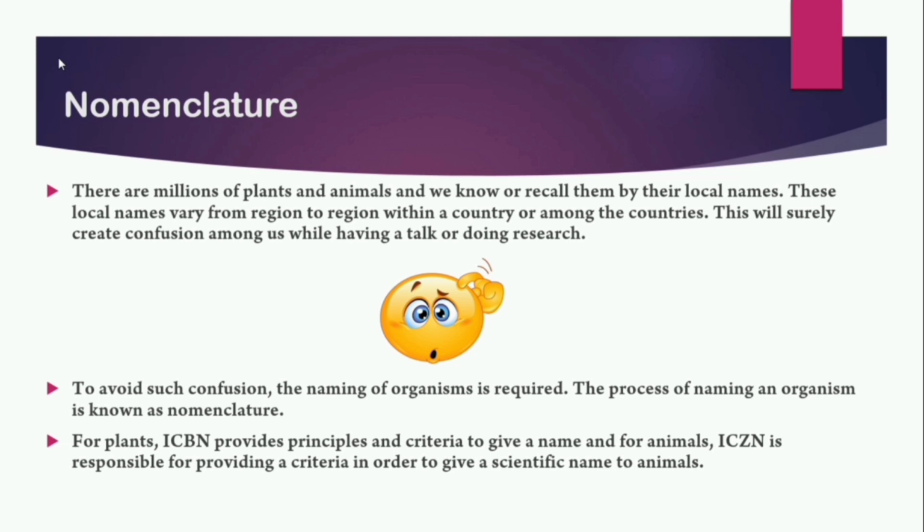If I say mango in India, everyone will understand, but if I go to America or some other country outside India, then I can't say mango, because they won't understand this. They have another name for that fruit. So I have to say its scientific name, that is Mangifera indica.